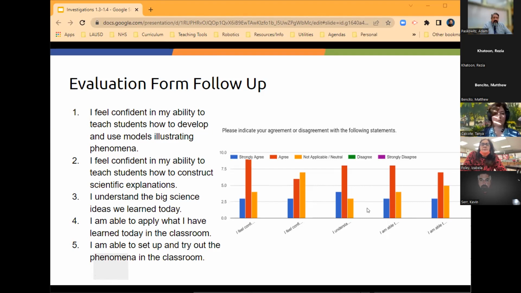If there's one thing that we maybe want to work on a little bit more, maybe work on the actual teaching of interactions, how to apply what I learned today in the classroom. But we see a lot of positive responses here. Using models, we see a lot of agrees, but a smaller number of strongly agrees. So we'll continue to collect feedback, but the narrative questions are probably the most informative.